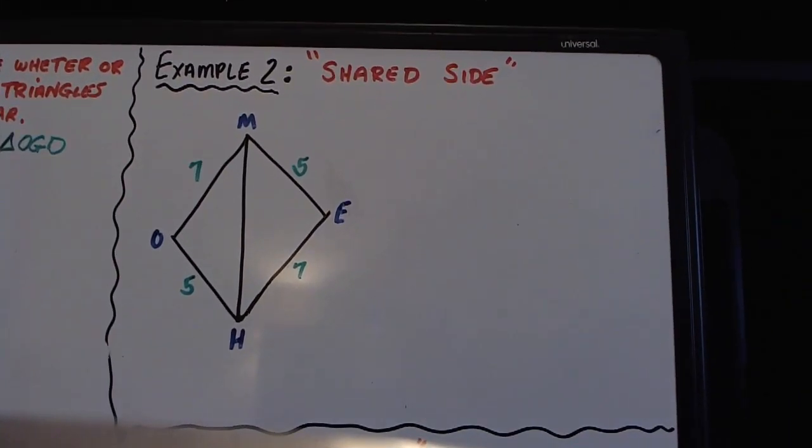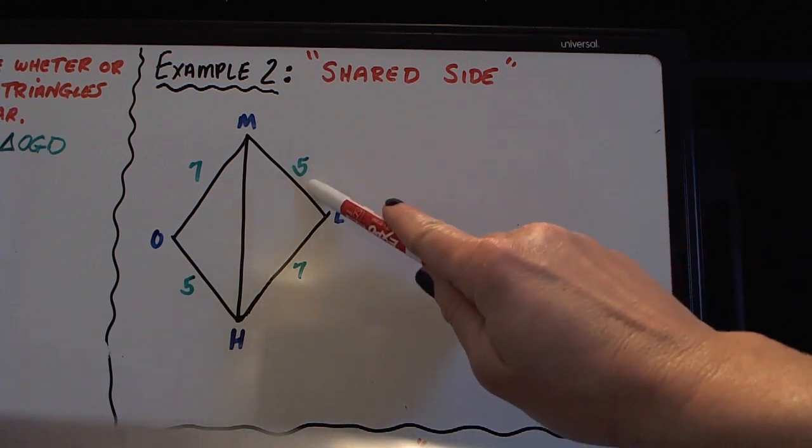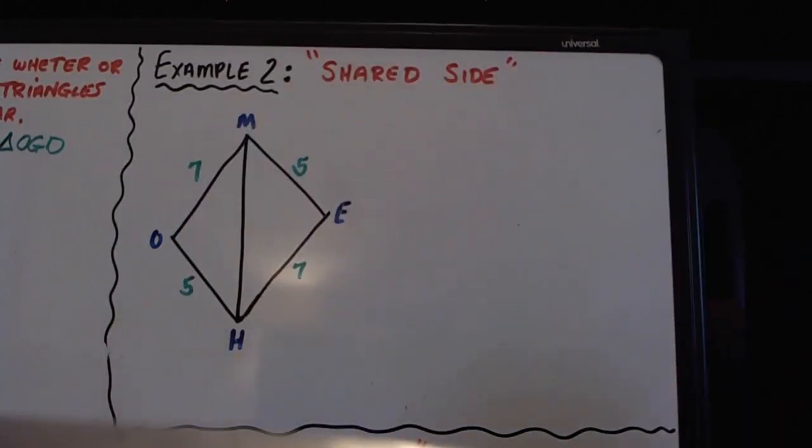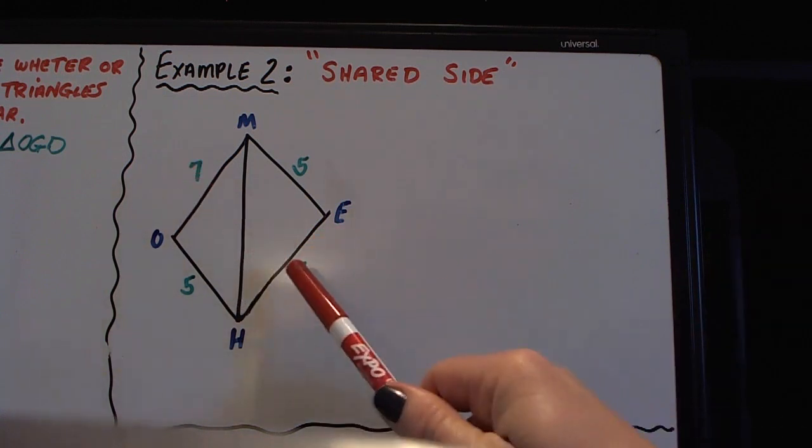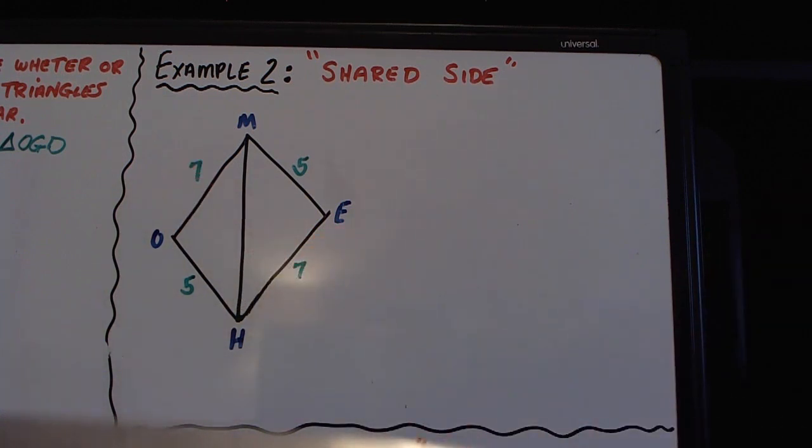Example 2 here, what we have is a diagram that has 2 triangles connected. What you should notice is that there are 2 side lengths that each have a side of 5 here and here. And we have another set of side lengths that are 7 and 7. So what we're looking for now is the 3rd side.